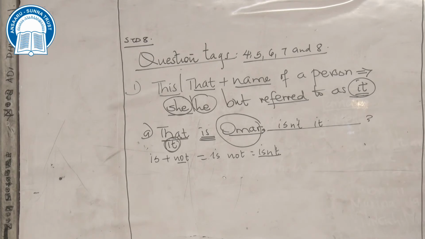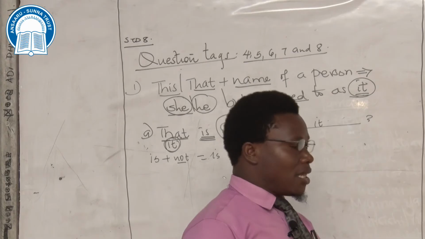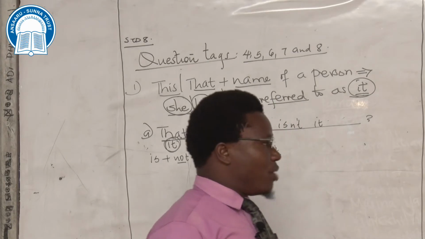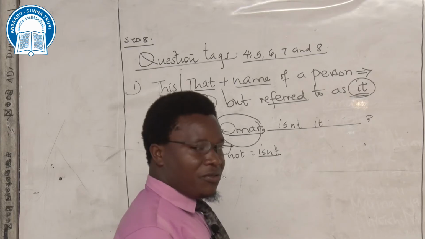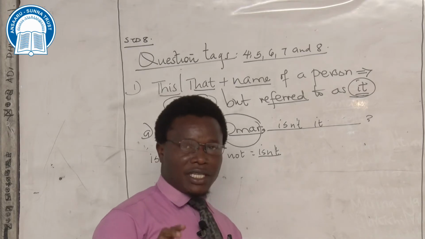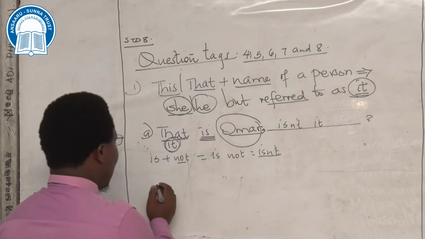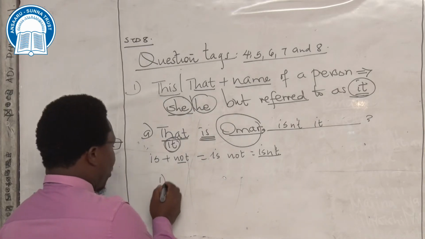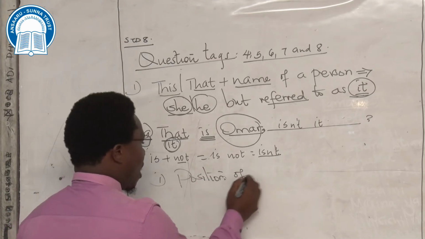So today, as I've said, I would like us to look at determinants. And determinants are words that normally come before nouns. And whenever they are placed before nouns, they are used to determine two things in a noun. First, the determinants are used to determine the position of the noun.